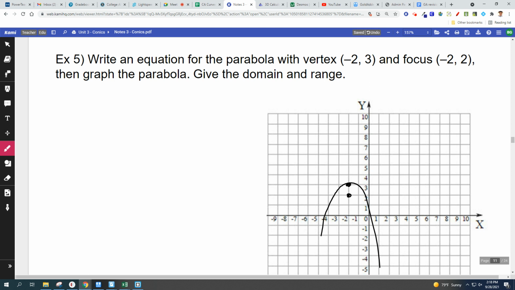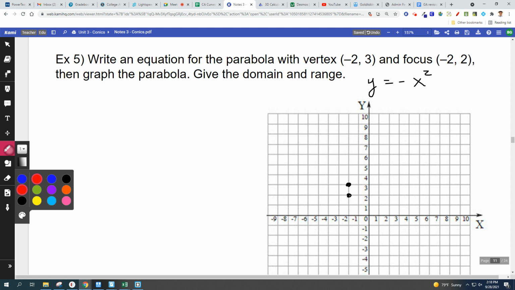I don't know how accurate that is, but that means that this must be a negative x squared. I know this equation is going to look something like this, negative x squared. Now that's not the graph, I'm not accurate enough, but it also tells me an important piece of information because of this distance right here. P equals 1. That's going to be an important part of this calculation.